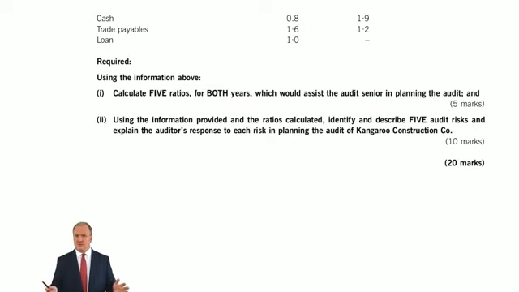We did the ratios, reminder how to do those calculations, no problem there. And I showed you the various potential audit risks that I was spotting from what was happening in the numbers, and then we went and read the story and found some more audit risks in there. The question does also require responses to risk.